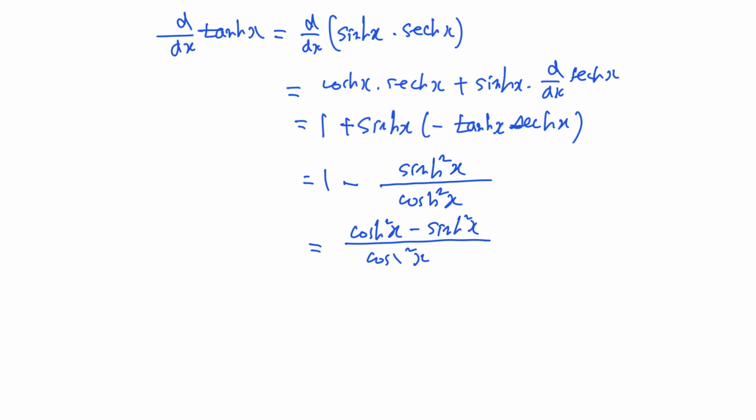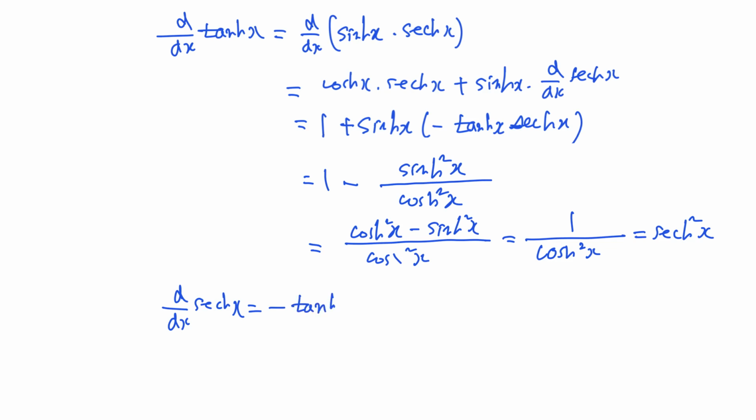What is cosine hyperbolic square x minus sine hyperbolic square x? 1. So d/dx of secant hyperbolic x is minus tangent hyperbolic x secant hyperbolic x, right?